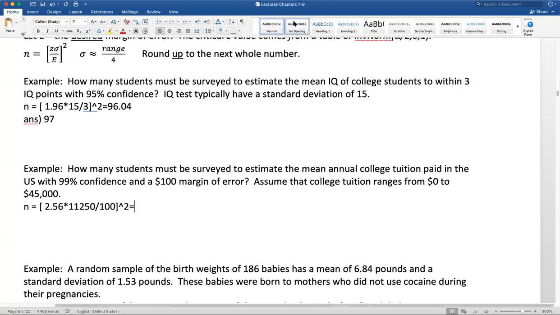Let me use the calculator. So I got 829.4.